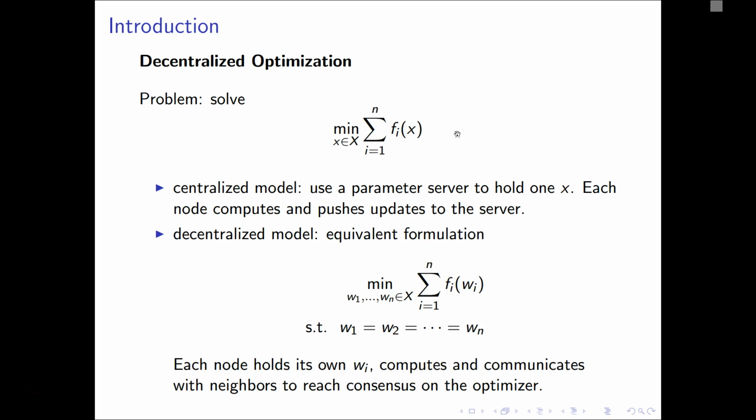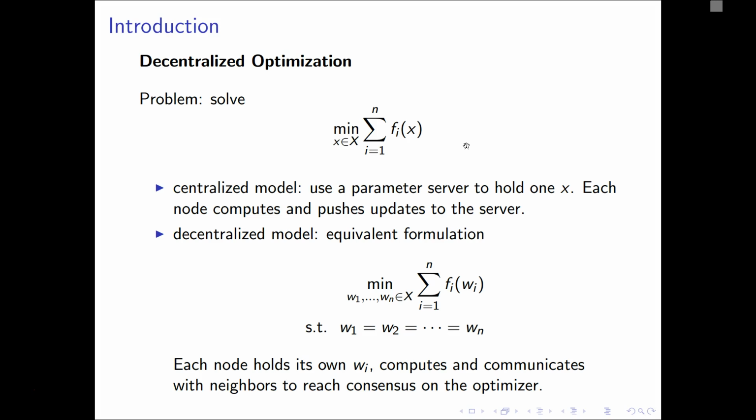However, we can also make an equivalent formulation, which is called a decentralized model. In this case, we don't have the same x kept on the server. Instead, we have w_1 through w_n, so n copies of our parameters, and they could be different during the optimization.